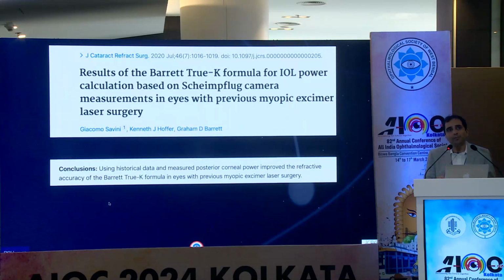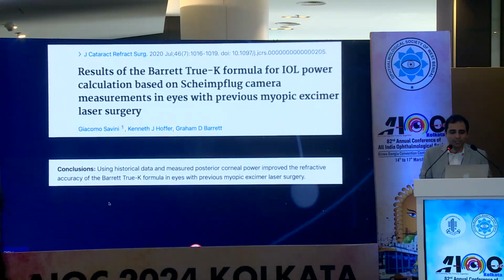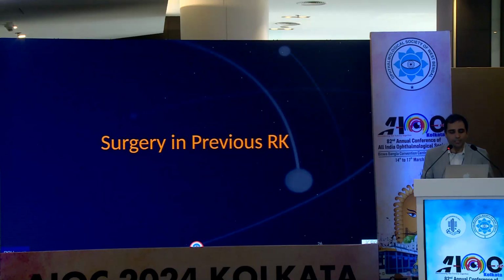In fact, we have been part of a multi-center study which is now in peer review, and I can share that we found an equal number of eyes within plus or minus 1 and within plus or minus 0.5 diopters with or without the posterior K. The only advantage the posterior K gave was that the prediction error was more accurate with the posterior K than without it. So it may add a slight edge in special eyes, but measuring the posterior cornea is not a deal breaker.